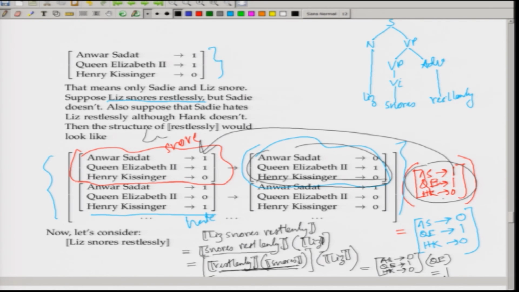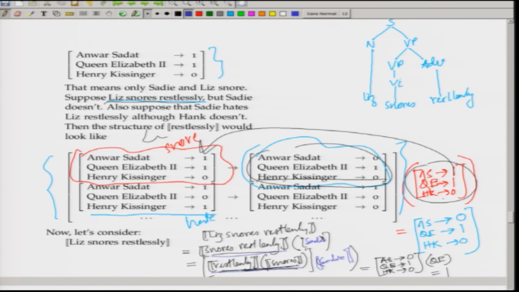This was the desired result. We can see that we need to get 1, that is the desired thing, because Liz snores restlessly, but Sadie doesn't. We can see how Sadie doesn't, because instead of Liz, if we had Sadie, what would happen? We can also test that. It is very simple. Now this is common, right? Till here, snores restlessly, this is common.